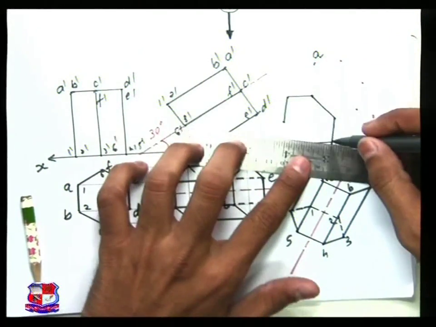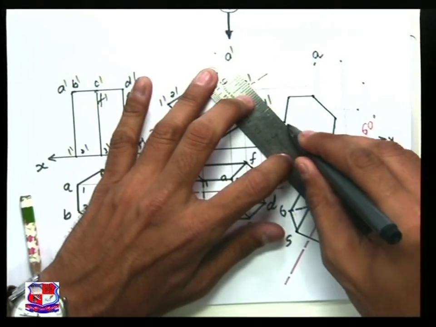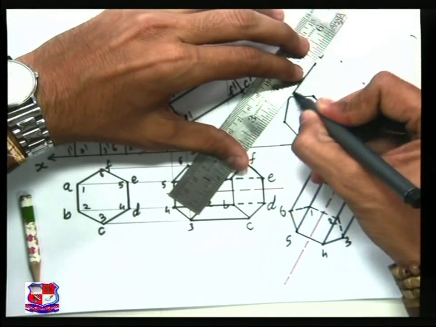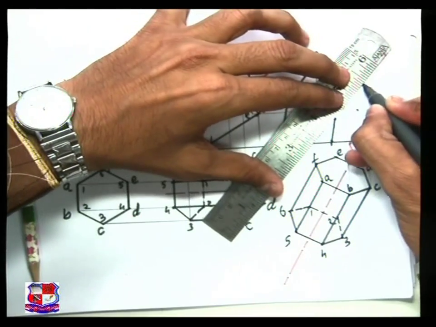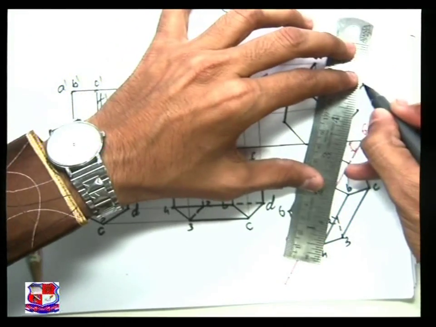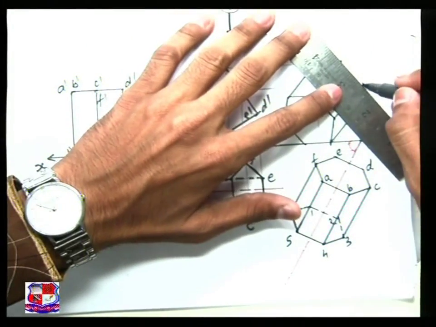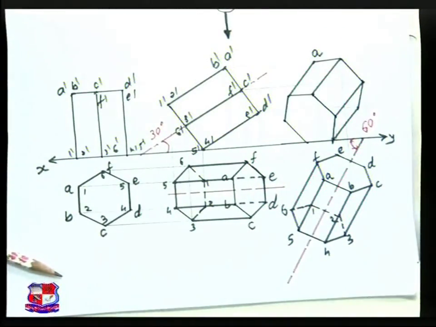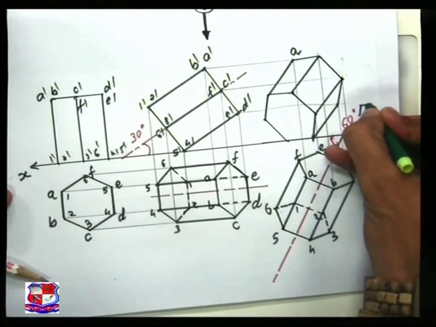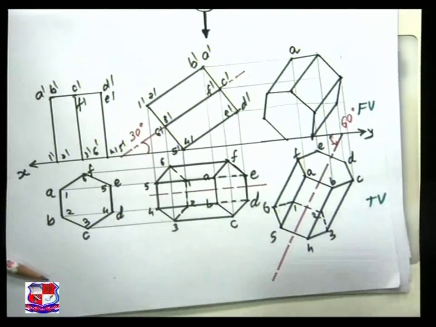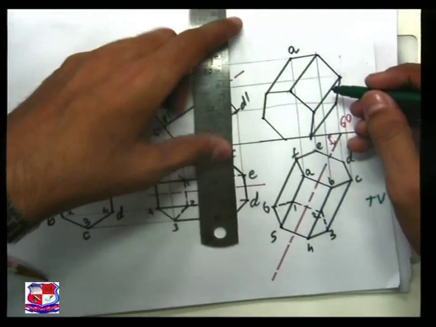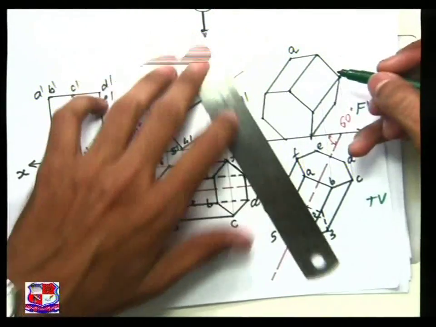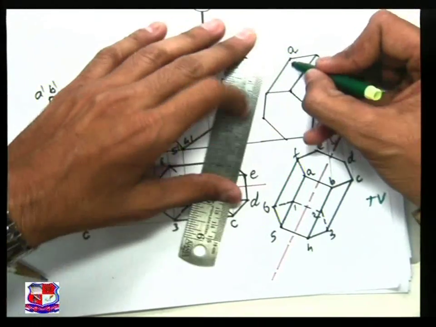So this would be the front view, and you can name the views accordingly. These lines would be visible to us, visible line and visible line. This is front view and this is top view, and here hidden lines also should be drawn.